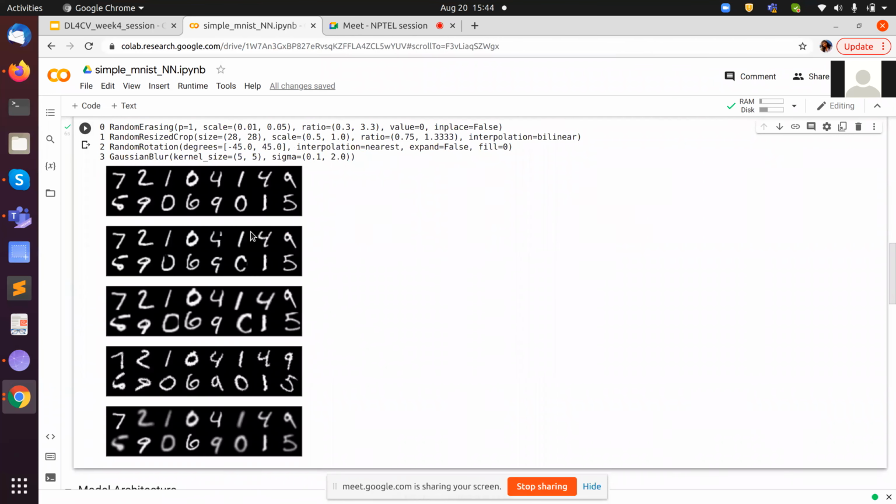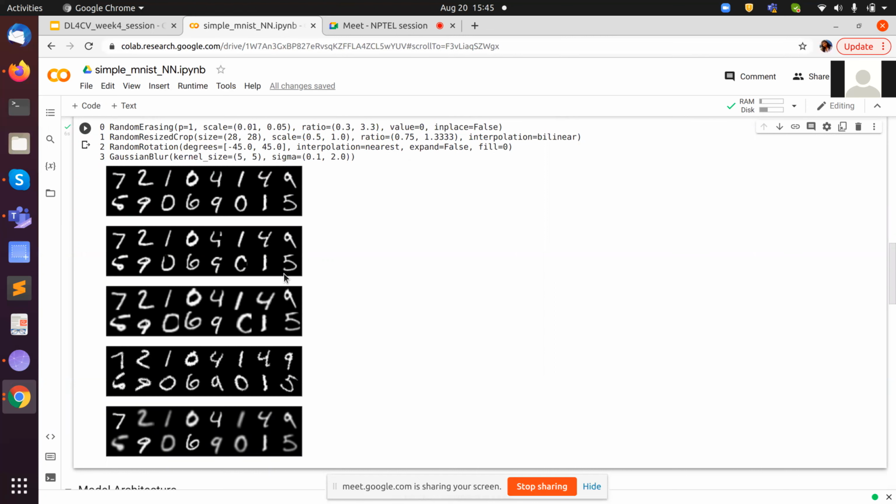So let's maybe focus on another example, maybe look at this example of 5 here. This is the 5. Here the random erasing has not done much change, so it still looks the same. Maybe they selected the patch which was already black, so no perceivable change is seen. However, when we do this random cropping, then this particular subset of the image was selected and enlarged to fit the original size.